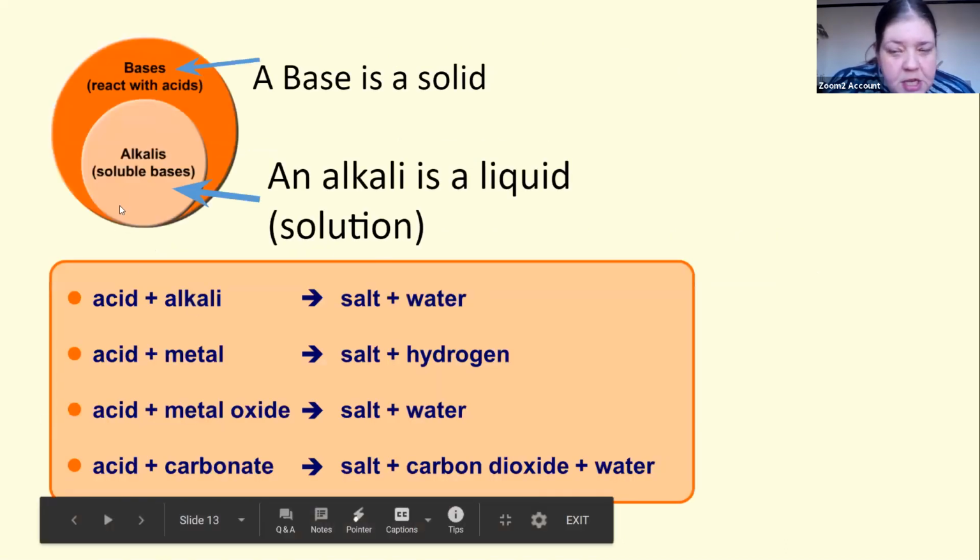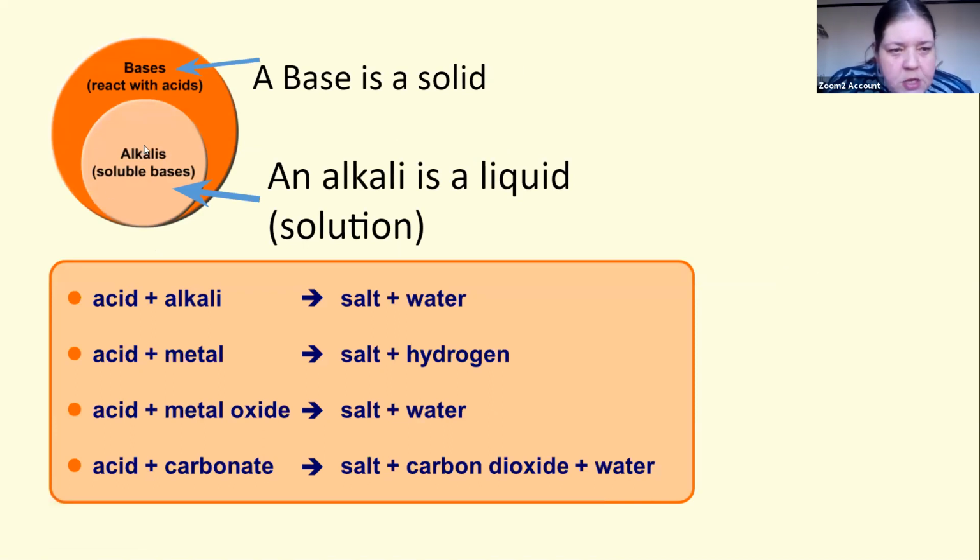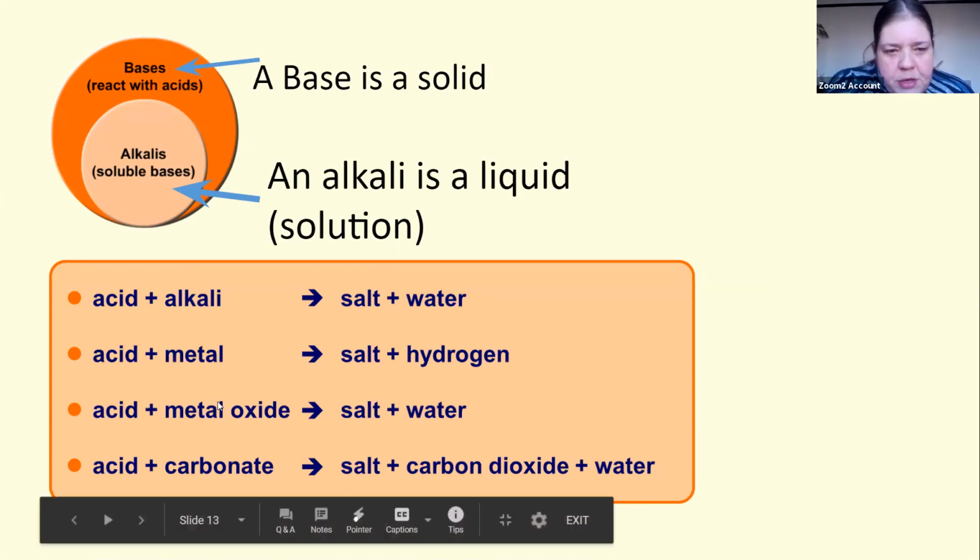And again, as I said, there's lots of recap of these because I want to make sure you're getting the ideas of them. So acid plus alkali makes salt and water, and your alkali is your soluble base, so you'll get your aqueous solution. Then we've got acid plus metal makes salt plus hydrogen, because there's no oxygen there. Acid plus metal oxide, these are your bases, your insoluble ones, so you're solid, makes salt and water.